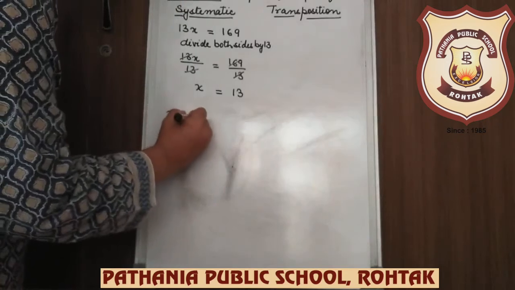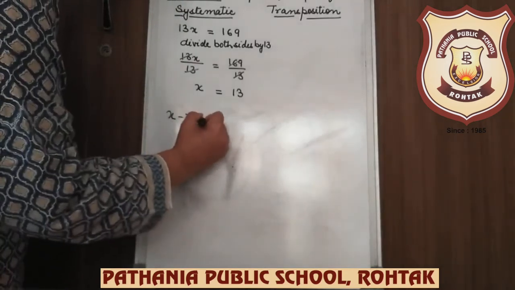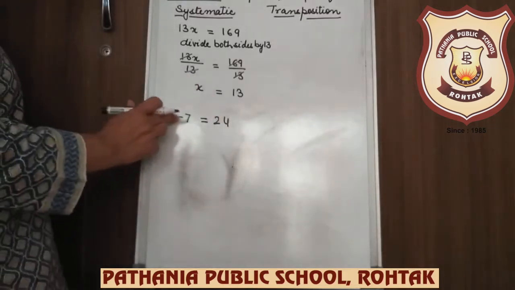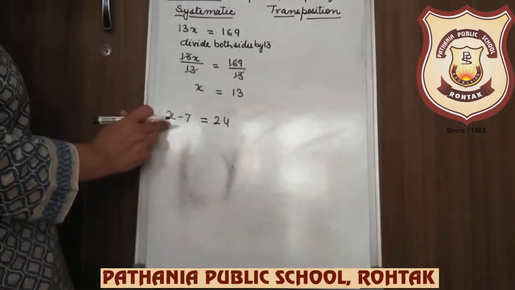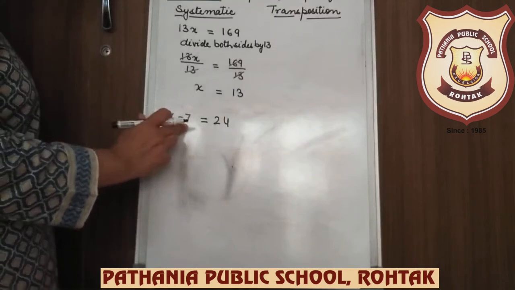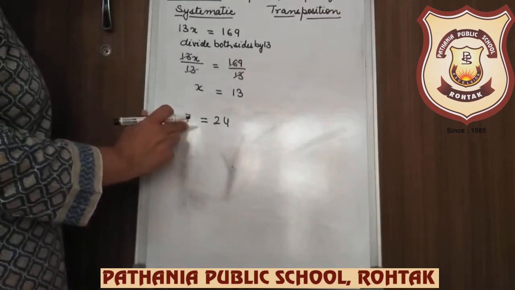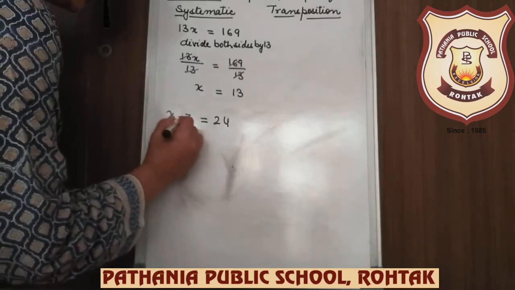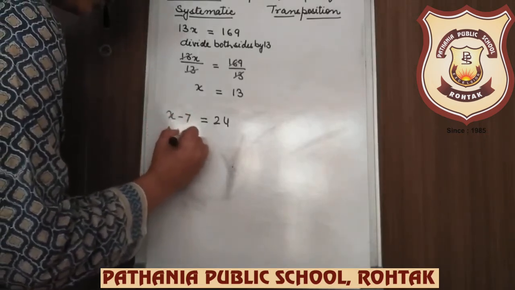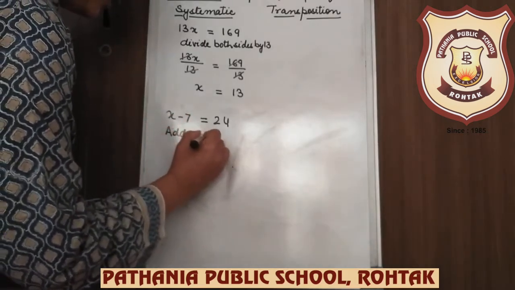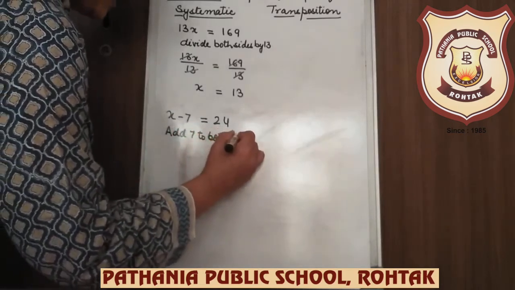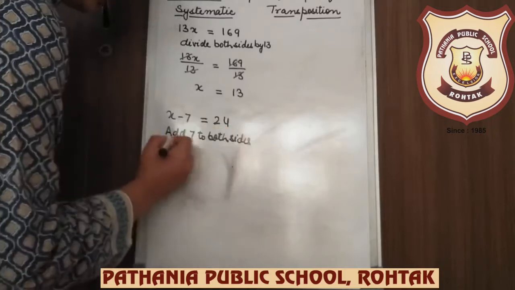x minus 7 is equal to 24. Now x is already independent, but on the left hand side you have minus 7. So what are you going to do? This is minus 7, you will add 7 to both sides.